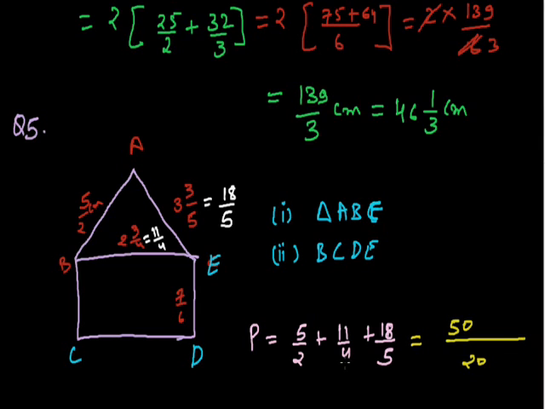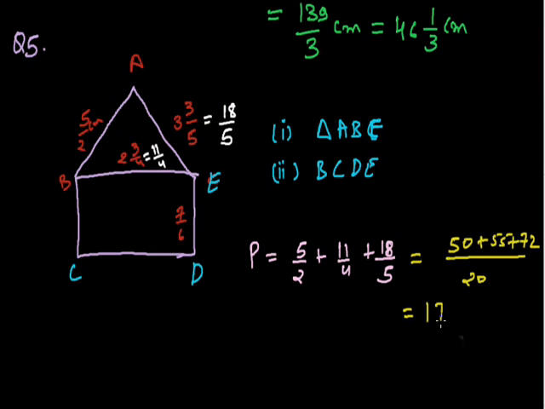Then to make 4 as 20, we have to multiply it by 5, so 11 will give you 55. Plus to make 5 as 20, we have to multiply 18 by 4, so it will give you 72. So the final answer will be 177 upon 20, or in mixed fraction, 8 17 by 20 centimeter.